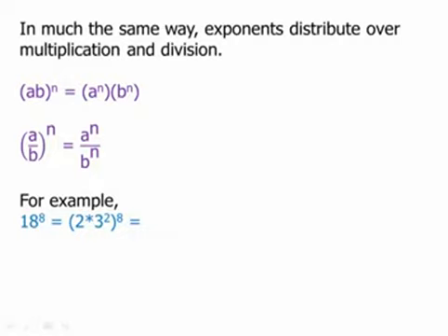We'll get 2 to the 8th, and then we'll get 3 squared to the 8th. For 3 squared to the 8th, we'll use the rule for a power to a power, which means multiply the exponents, and we'll get 2 to the 8th times 3 to the 16th. So notice it's very easy to go from the prime factorization of the individual number to the prime factorization of one of its powers.